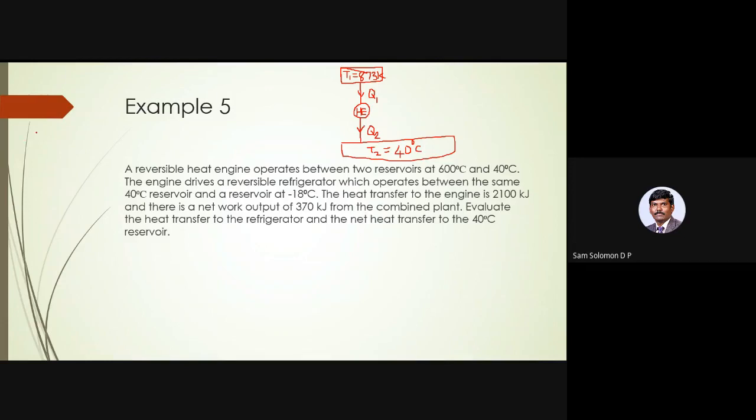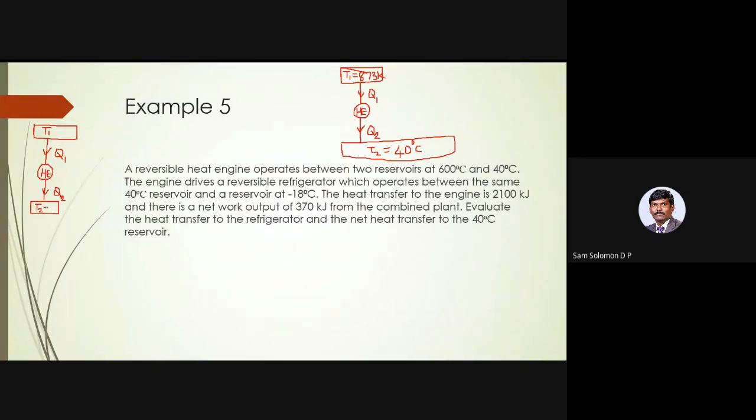Let me take this space here. So this is my T1, which is 873. I have Q1 amount of heat supplied to a heat engine, rejecting Q2 amount of heat to a reservoir which is at 40 degrees centigrade.